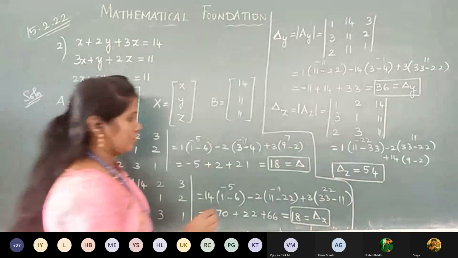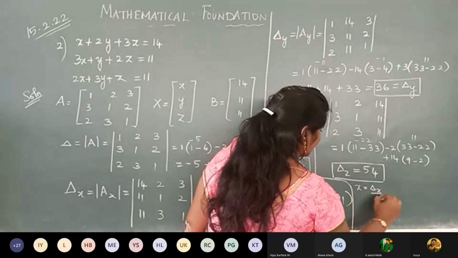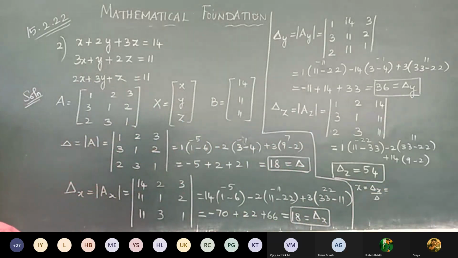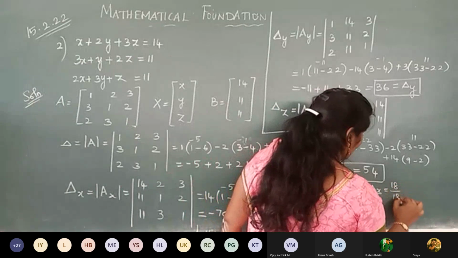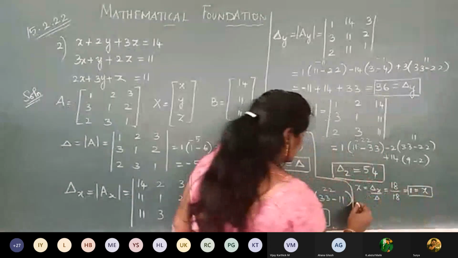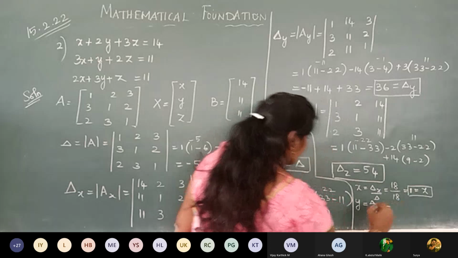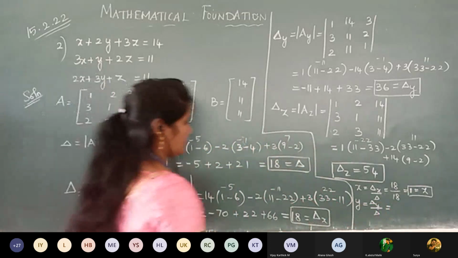So you know your formula for your x, y, z. Your x is delta x by delta. So delta x by delta will be 18 by 18, which will be 1. So your x is equal to 1. Similarly, y is equal to delta y by delta. So delta y you've got to be 36.